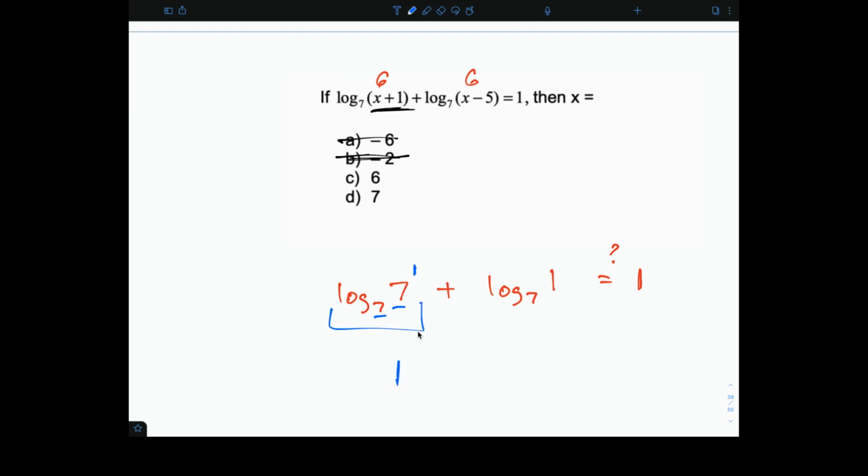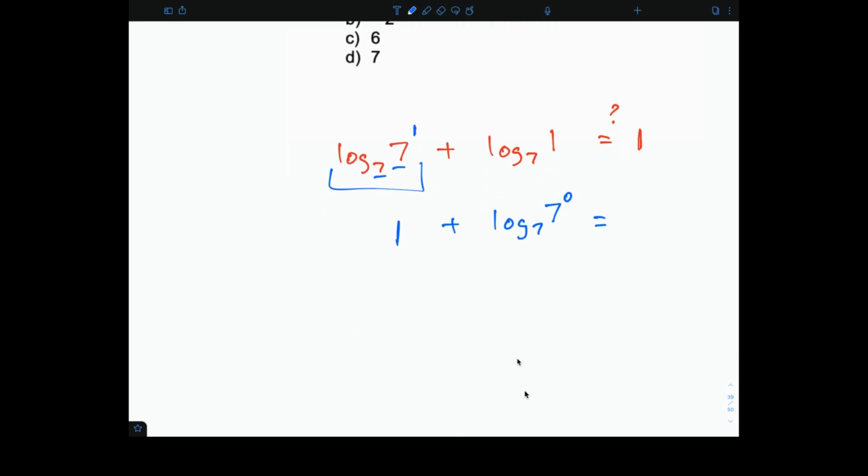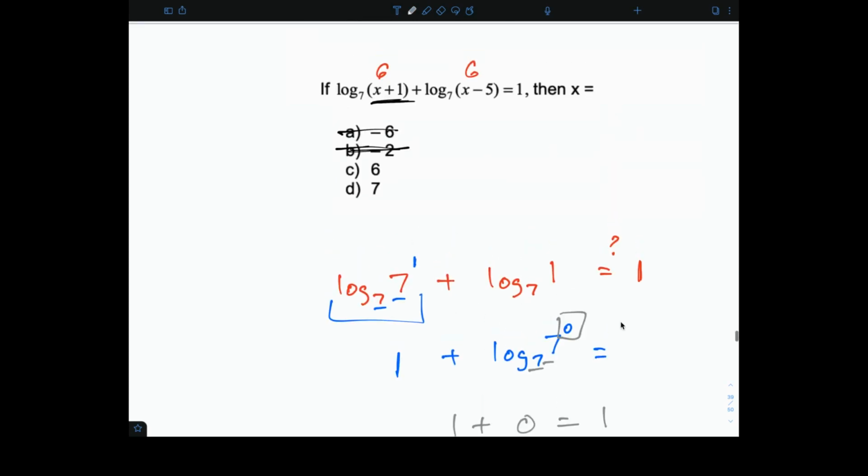And remember we said log base 7 of 1. Well, you can write 1 as 7 to the 0. So if that's true, then again, when these match up, it's just the exponent, so that's 0. So this is 1 plus 0, which is 1. So the answer is 6.